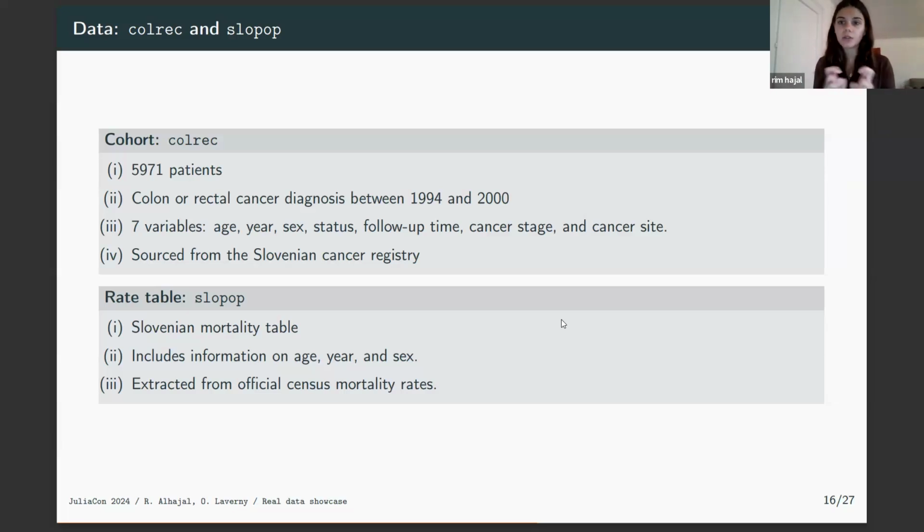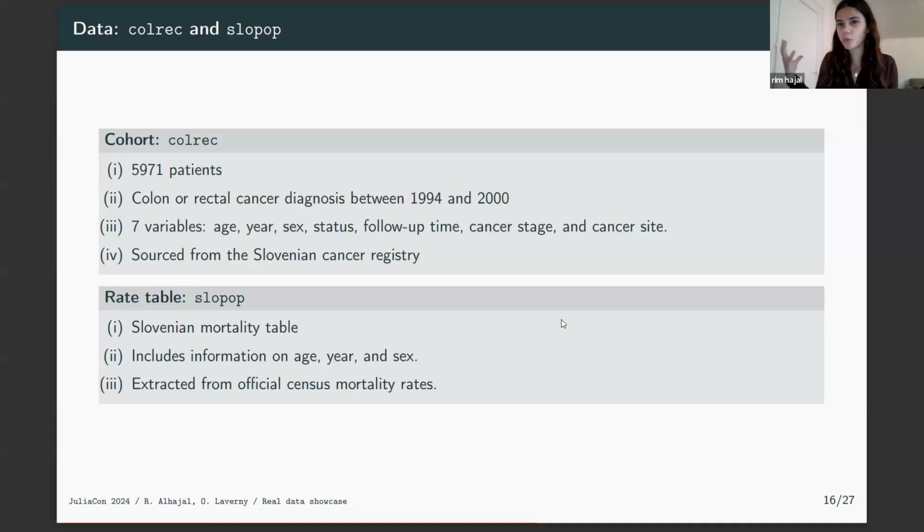And what net survival is, or relative survival analysis, which is the main field that the package is constructed upon, it takes a reference rate table, which here is the Slovenian mortality table, and it compares the patients from the cancer data set to the general population mortality table.